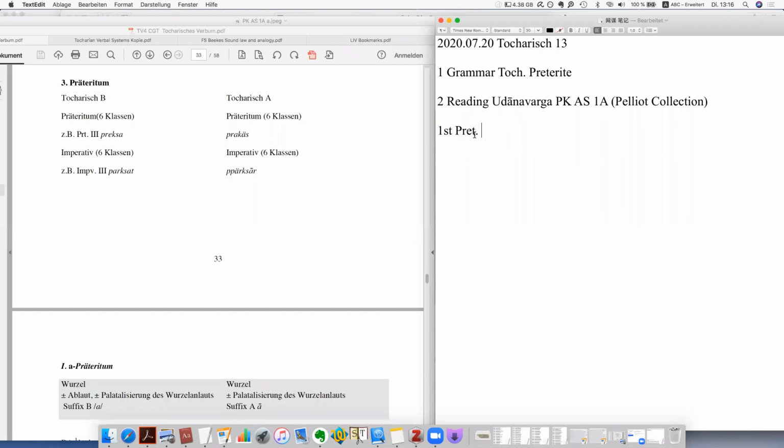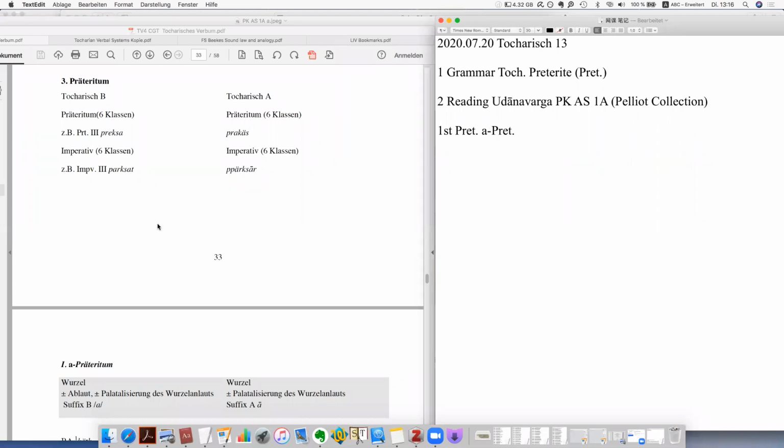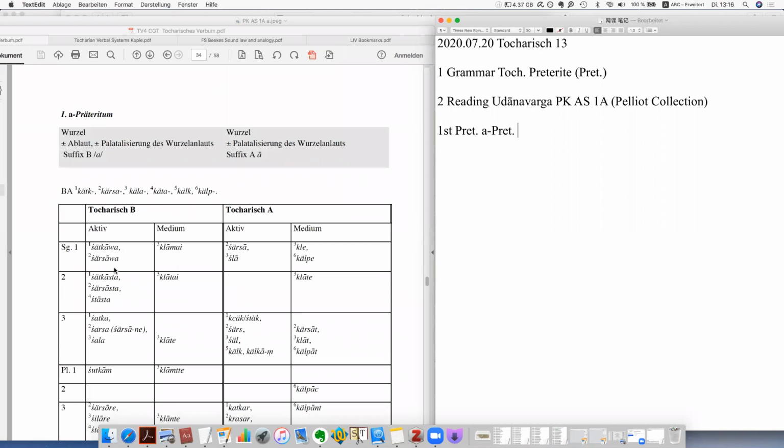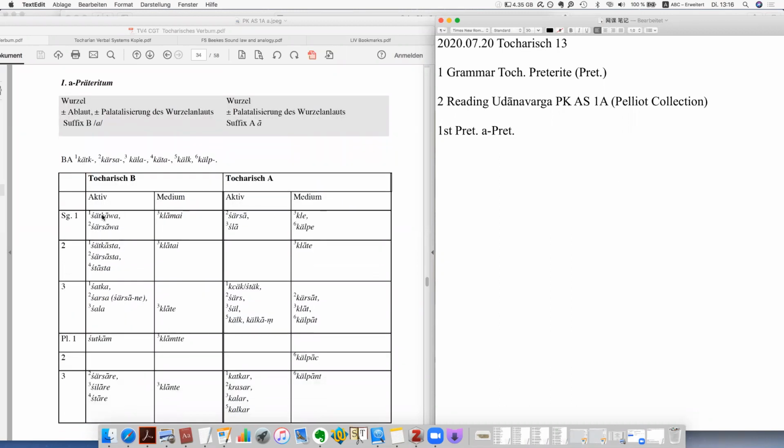Pret is short for preterite. We call the first preterite the R preterite because after the stem, there's always an R here.